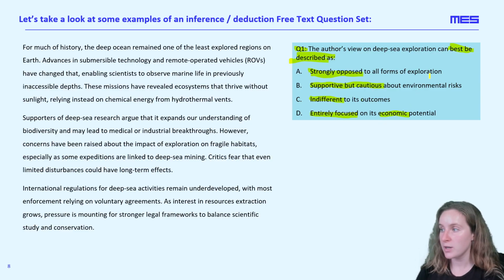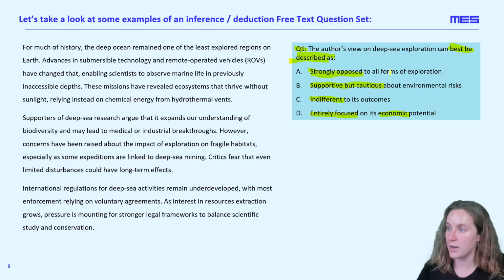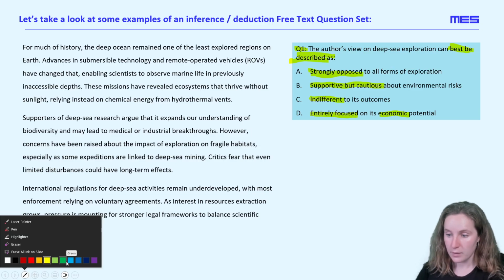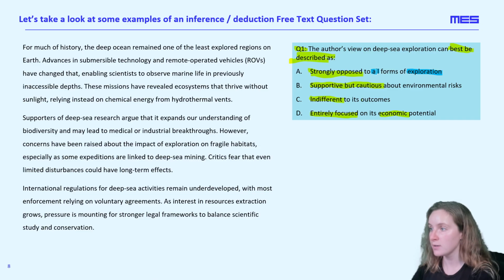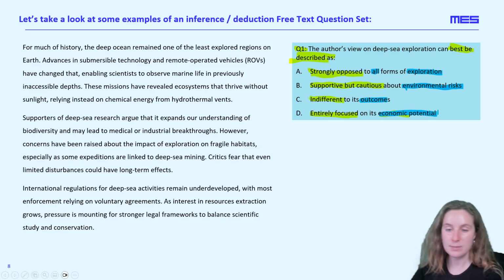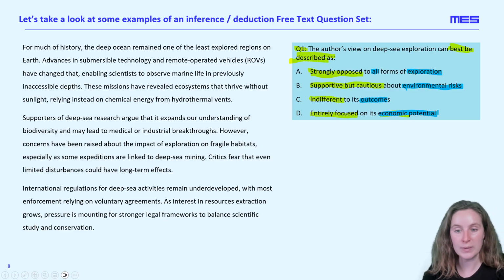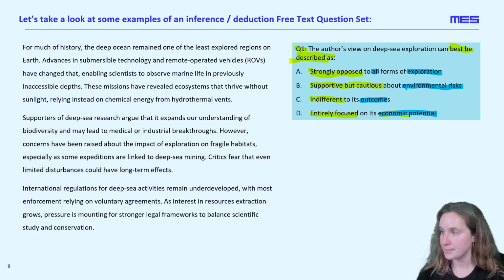So as we look, we're going to be looking not only for the tone words, but also for the content: all forms of exploration, environmental risks. Is that going to be popping up a lot? Outcomes and economic potential. Let's be mindful as we're skimming through what we see, okay?